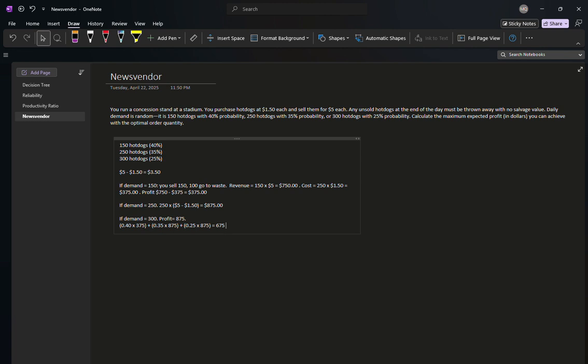So the max expected profit if you order 250 hot dogs is $675.